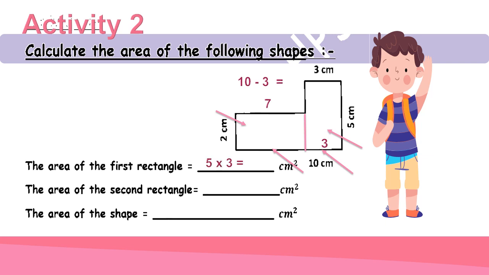First one, 3 by 5 equals 15. And the area of the second rectangle equals 7 by 2 equals what? 14. Now I can get the area of the whole shape, which is what? 15 plus 14 equals 29. Okay, Primary 3, do you understand? Excellent.